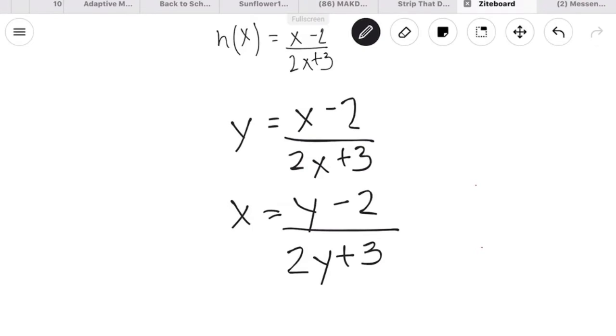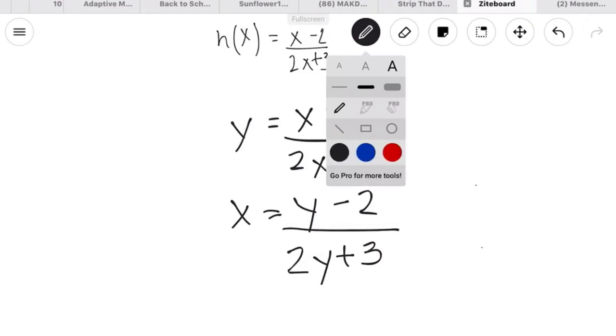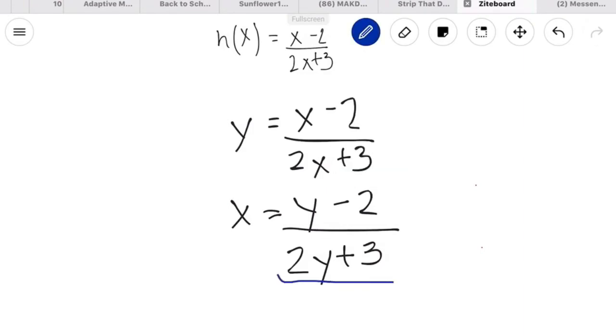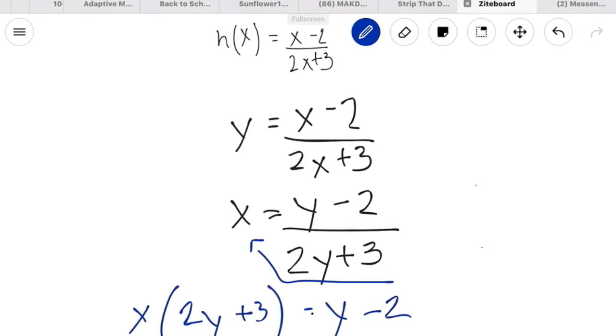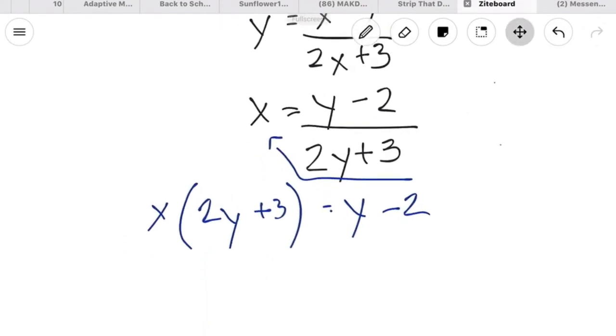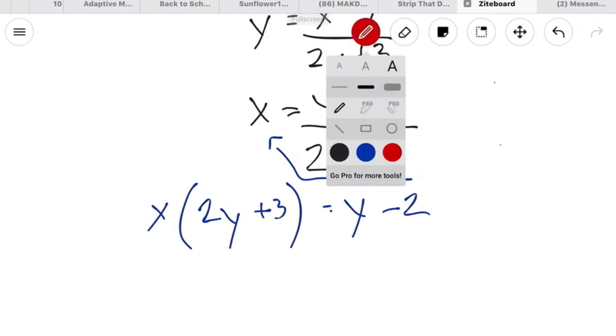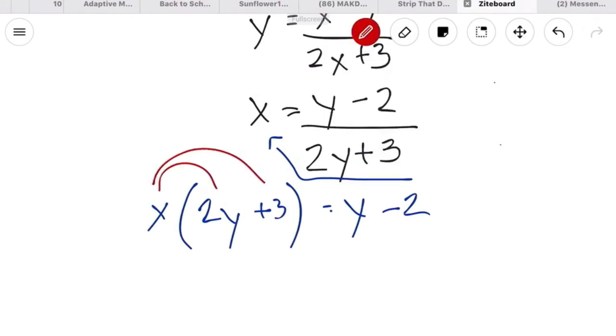Next is to solve for y in terms of x. So, kailangan natin i-transpose times si 2y plus 3 para makancel siya dito kay x. So, magiging x times 2y plus 3 equals y minus 2. And then, we distribute x here.